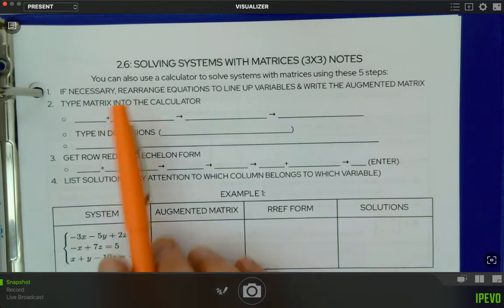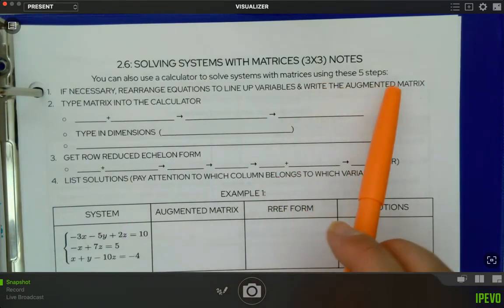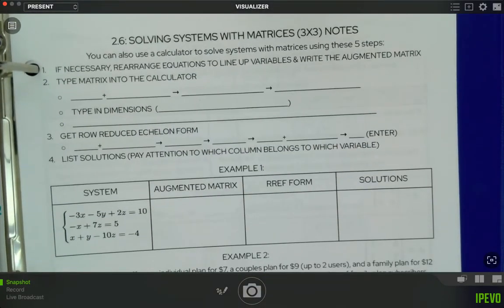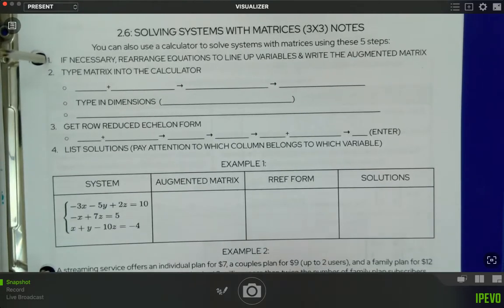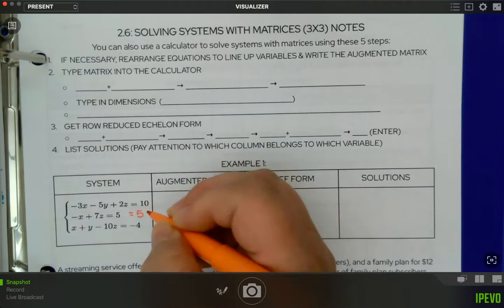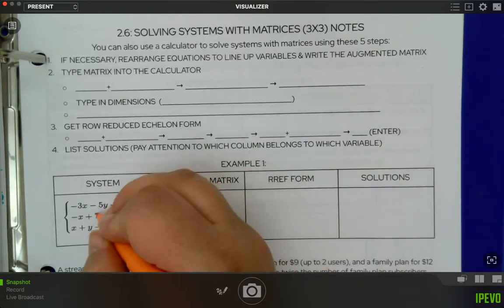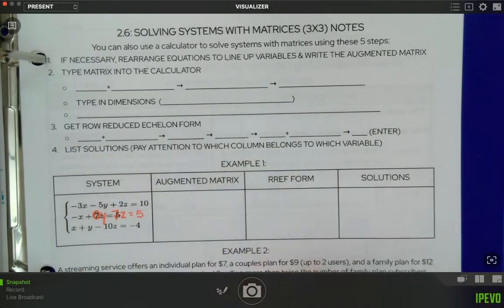The first thing is to rearrange the equations to line up the variables and write the matrix. So I guess that's where the extra step comes in. Right here, I'm going to write the equals 5 over here. I'm going to cross this out and put 7z right here and 0y right here because there aren't any y's.